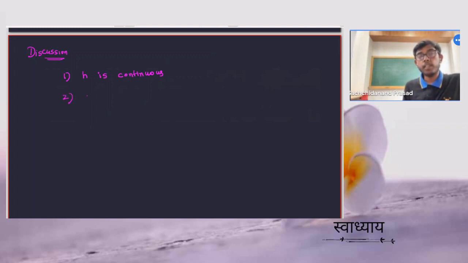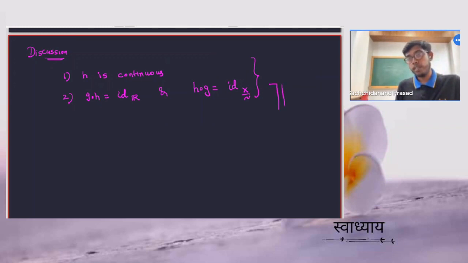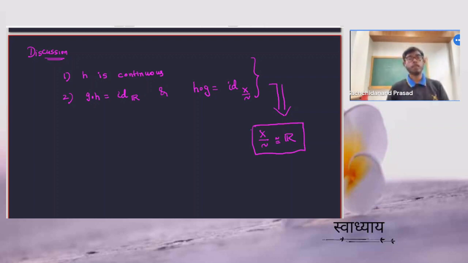The second thing is g composed with h is equal to the identity on R, and h composed with g is equal to the identity on X mod tilde. With these two things, we can say that my quotient space is homeomorphic to R. I hope this is clear to everyone.